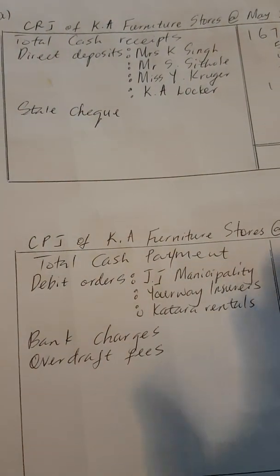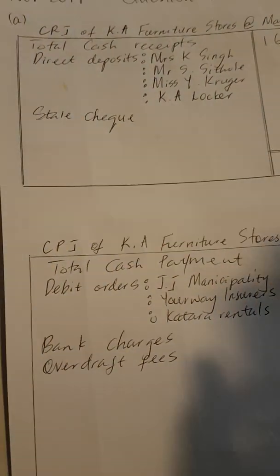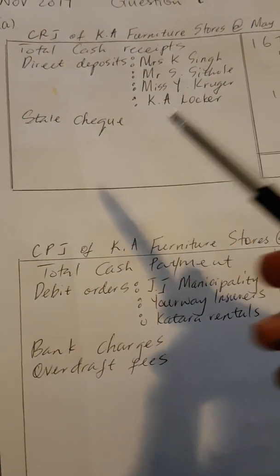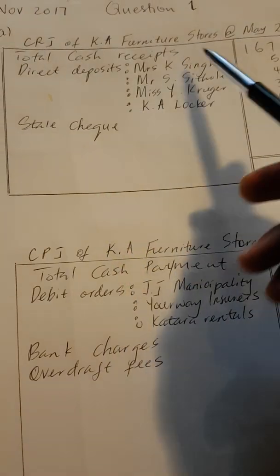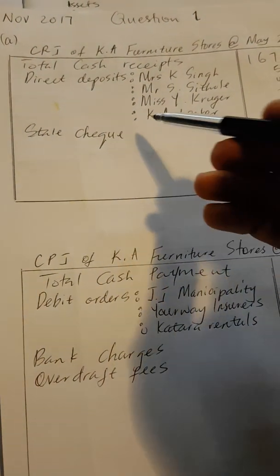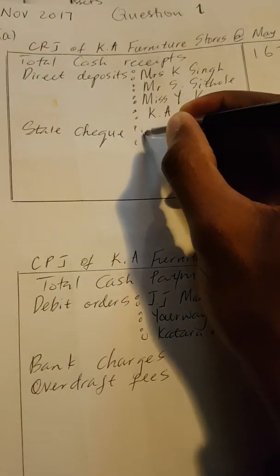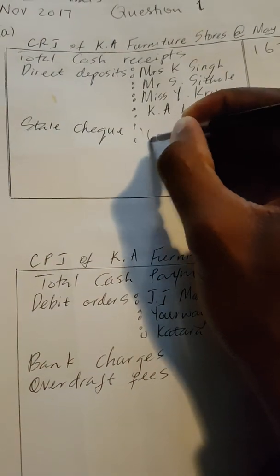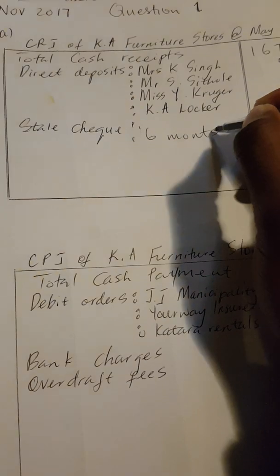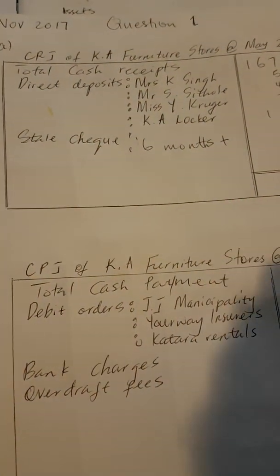So if you don't use that check for a period of 6 months, the check will be reversed back. When they reverse that check back to you, you will receive it. That's why it's falling under the cash receipt journal. So a stale check is a check that lasted for more than 6 months.